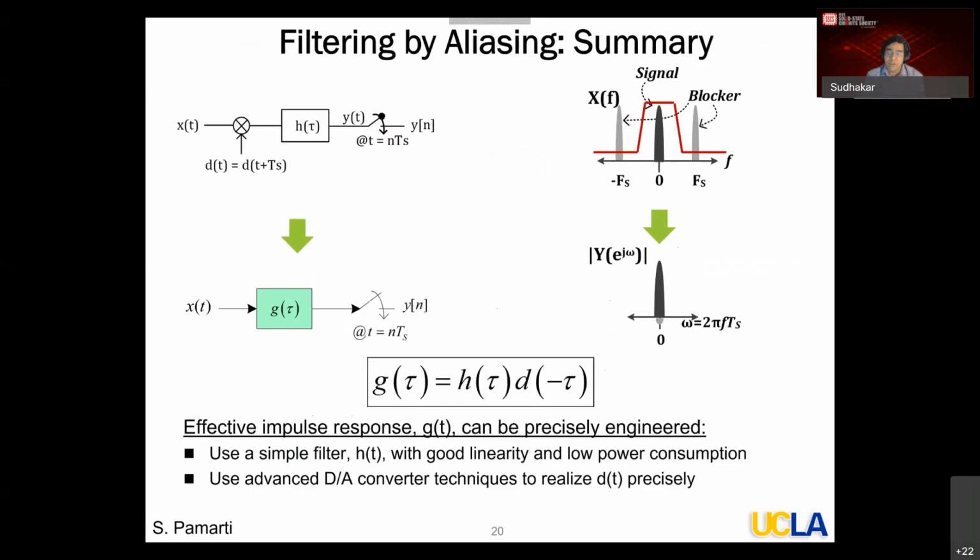And the d of t is what I really use. It gives me extra degrees of freedom to finely tune the effective impulse response. Okay. And since data converter, D2A converter techniques are very advanced, I'll show you shortly that d of t can be controlled very precisely. In our own chips, we have shown that you can easily do up to 10-bit, 11-bit just with DC calibration.